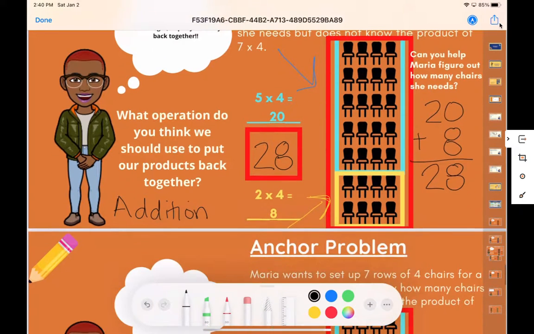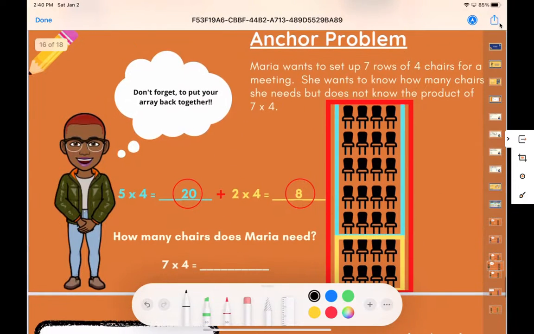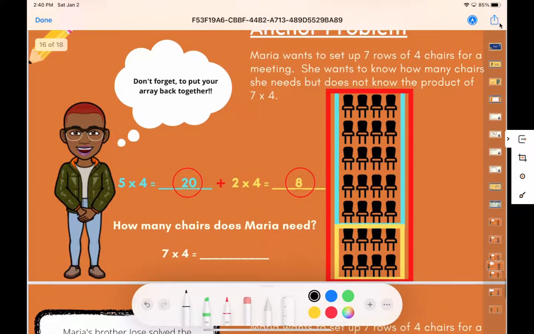Great job, guys. And so when we added our 20 plus 8, we got 28.